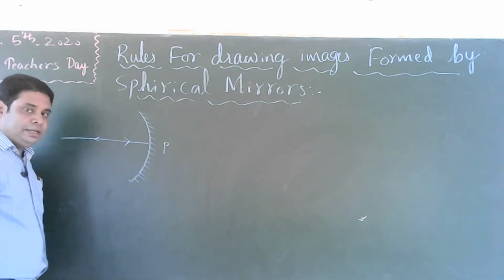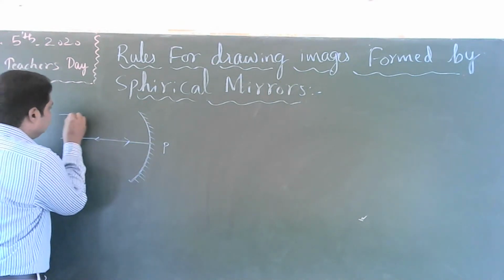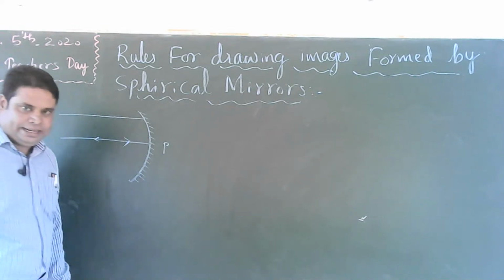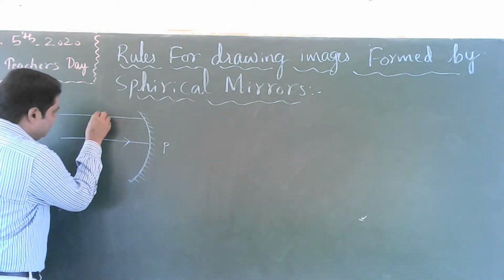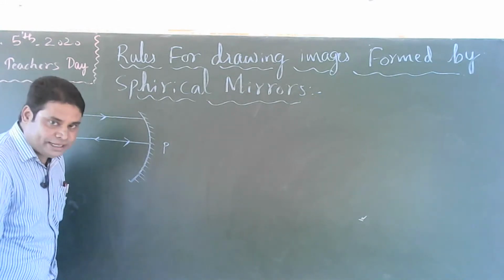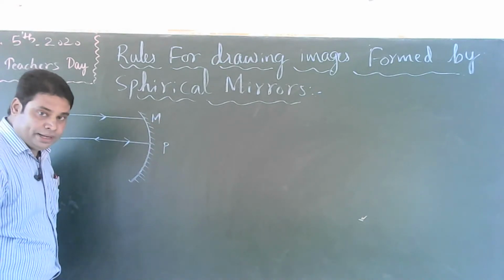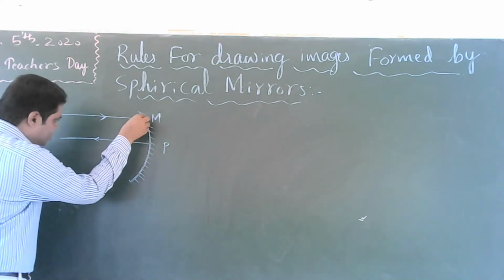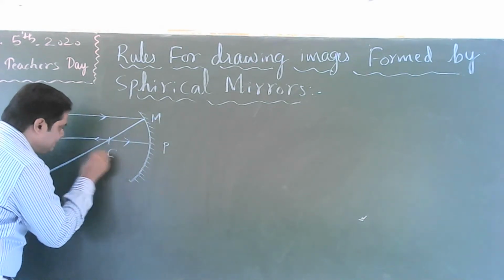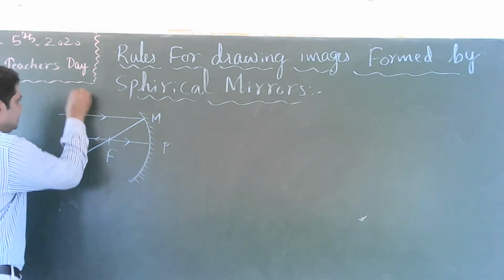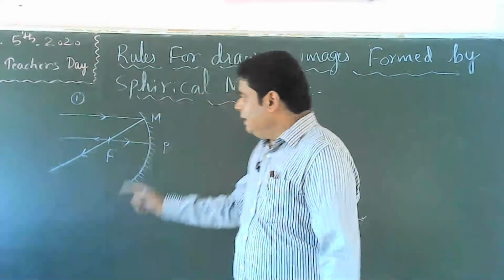Next, if you consider a ray of light from an object which is kept at infinity, a ray after striking a concave mirror must pass through the focus, the principal focus. This is the first ray. Let me repeat.